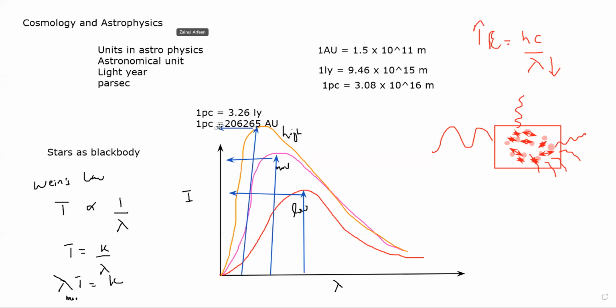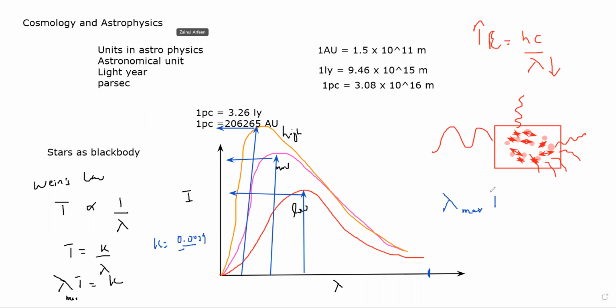And keep in mind, the SI unit of temperature is Kelvin. So when you use this formula, you have to substitute the temperature in Kelvin. The value of Wien's constant, the proportionality constant k, is 0.0029, or 2.9 × 10^-3. So λ max, and when I say λ max, it does not mean maximum wavelength, it means the wavelength for which intensity is maximum.